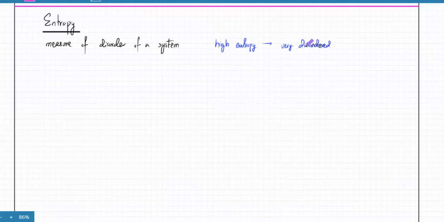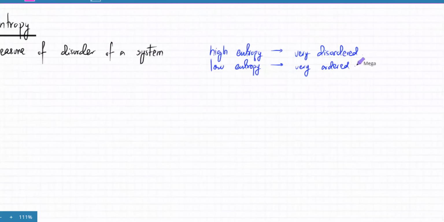Vice versa, low entropy means very ordered, and you can apply this concept anywhere. So you've got high entropy states and low entropy states.